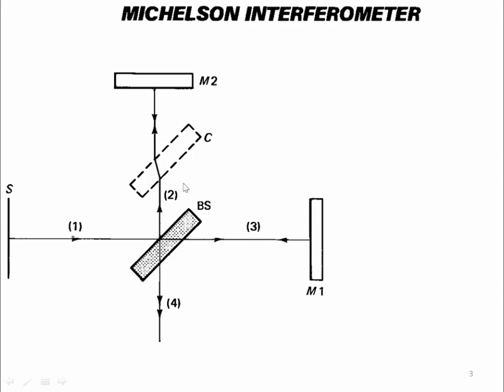One more thing you should have noticed is this slab. This is also a slab made of the same material as the beam splitter, but this one is not coated with the reflective material. Why is this slab required?